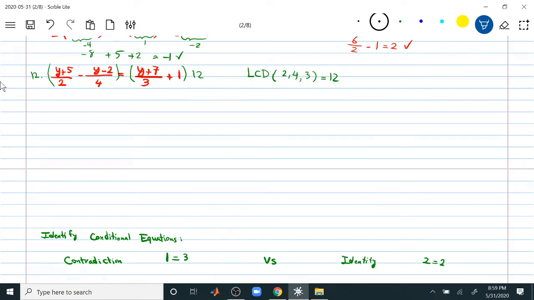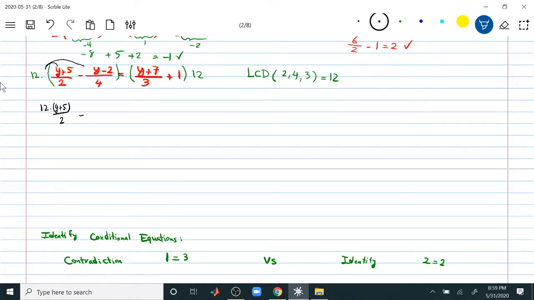Now 12 times the first expression is 12 times, I'm going to write it as (y plus 5) divided by 2, and use parentheses, minus 12 times this one.